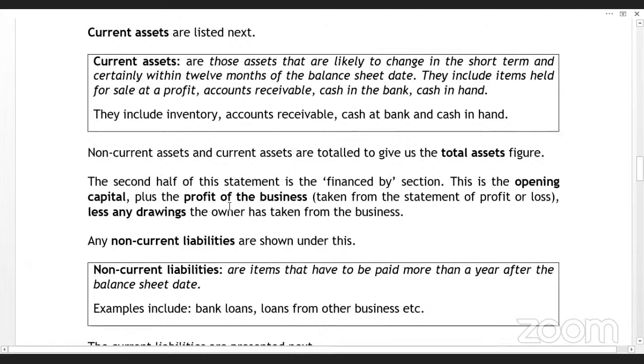Then sometimes if there are drawings, we have to list the drawings, because drawings reduce the capital of the business. So if we have drawings, we have to minus them.